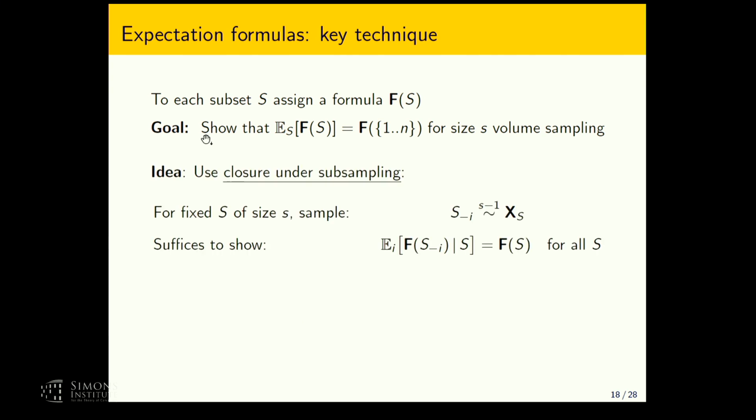We will use the fact that volume sampling is closed under subsampling, which means that if we show this formula for sampling of size s, then we can sample to size s and then sample down to size s minus 1, and just show that the conditional expectation is preserved, and then by induction the result follows. I'm going over this quickly, but that's essentially the idea. The closure under subsampling is very useful for these kinds of proofs. And in fact, after that, the proof of the pseudo-inverse expectation formula is about 2 lines.